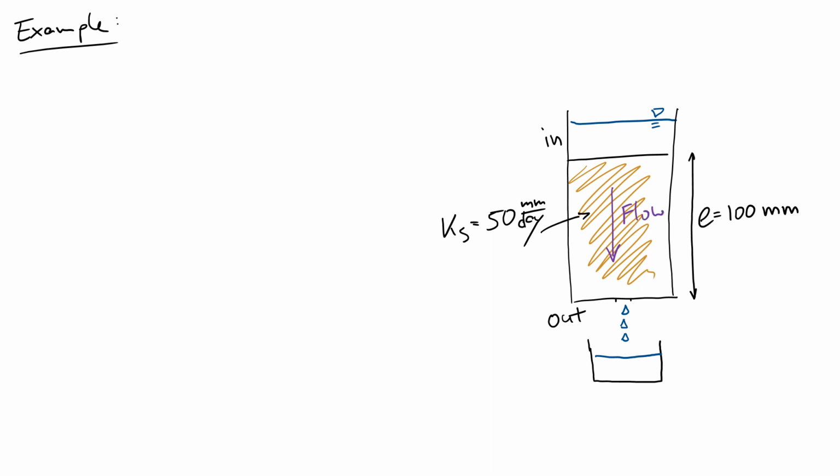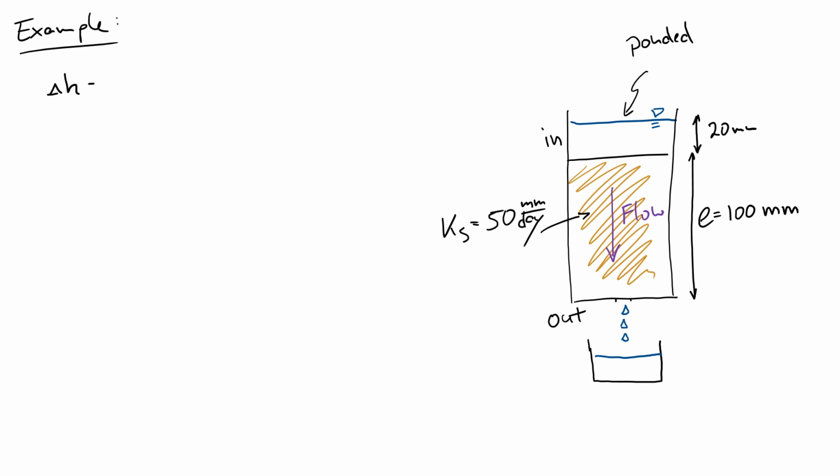In order to do this, we are ponding water on top of the soil column. And let's say we're ponding 20 millimeters of water on top of the soil column. Now we need to talk about our driving gradient, and specifically we need to talk about that change in potential which makes the flow happen.